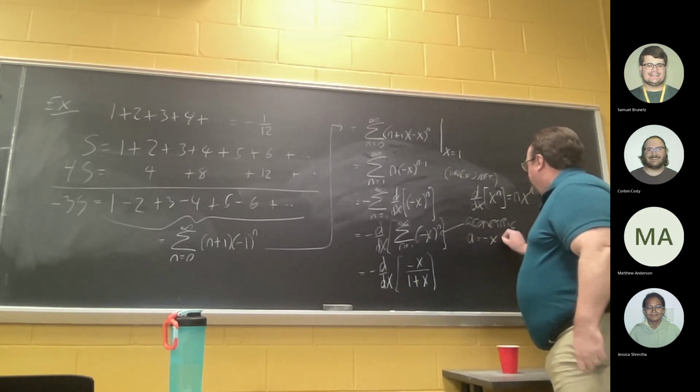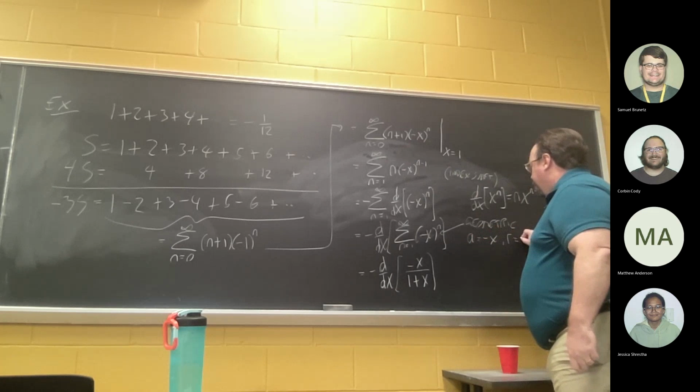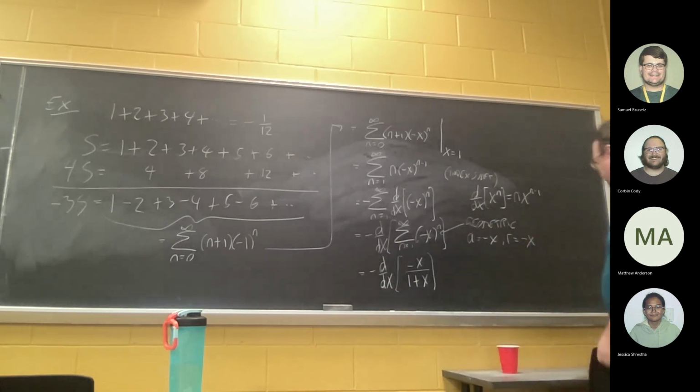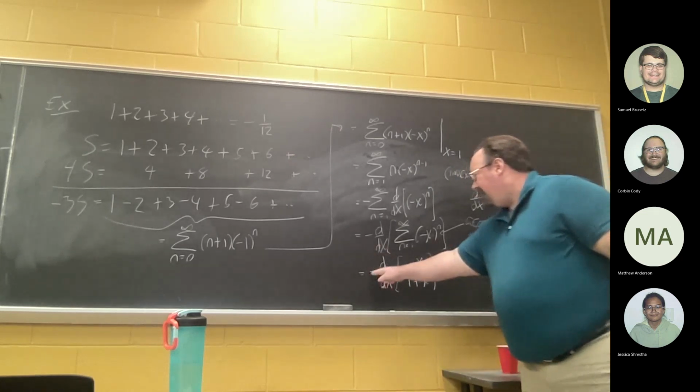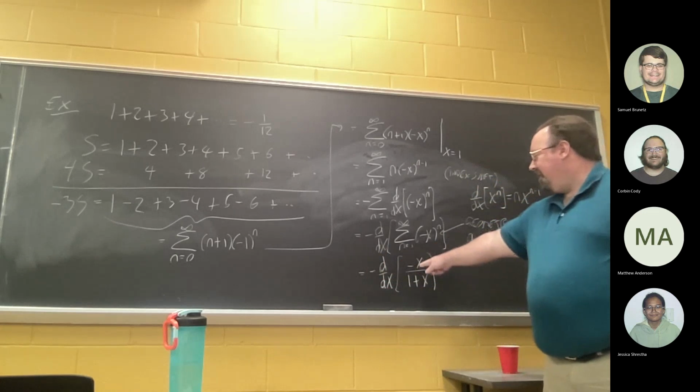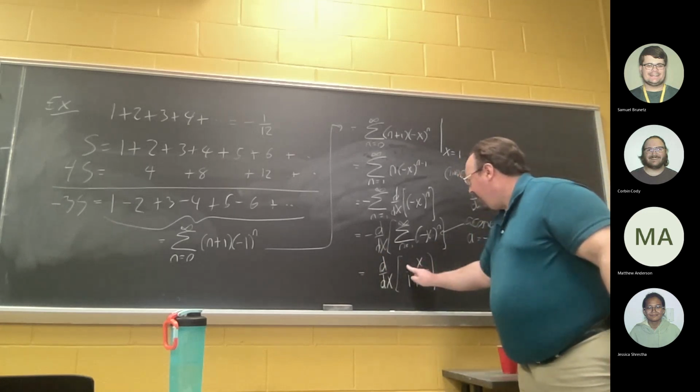A is equal to minus x, r is equal to also minus x. We have a minus out here and a minus in here, so I'm just going to cancel those out.